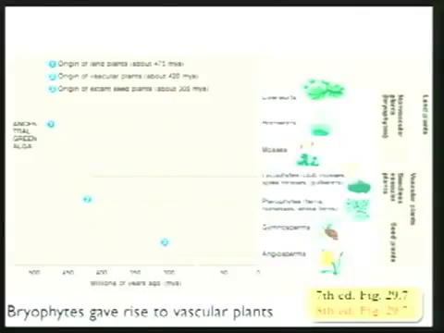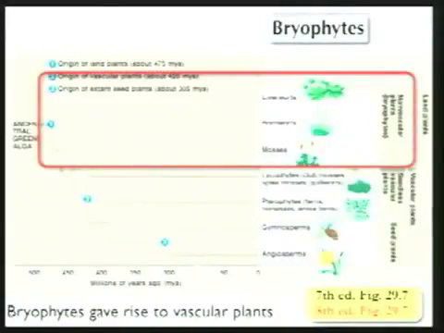You can see that there are these other 3 groups here, the mosses, the hornworts, and the liverworts that I started to introduce last time, which are not a monophyletic group, but a basal grade here within the land plants. So you can see how they branch off in a sequential fashion here.